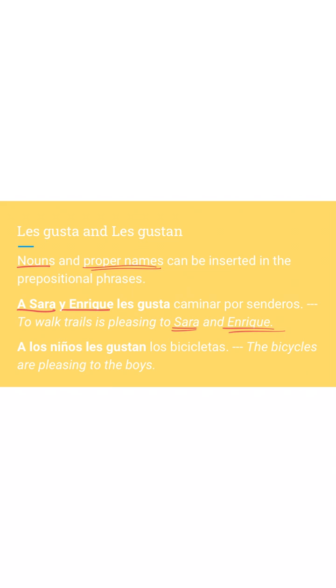Instead of saying a ellos. Ellos is what could take the place of Sarah y Enrique, but in this case, we want to call them out by name. We see again here, a los niños les gustan las bicicletas, or the bicycles are pleasing. Here we have to the boys, rather than, again, ellos, which could have replaced los niños.